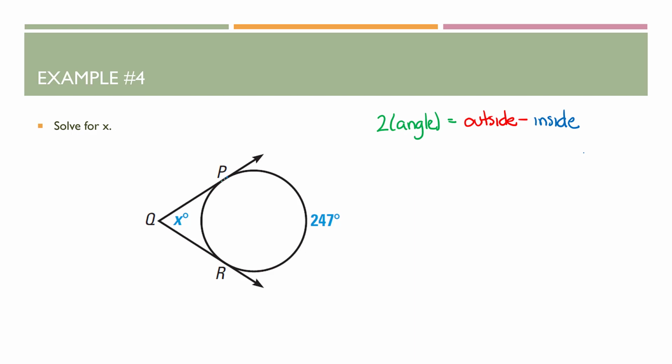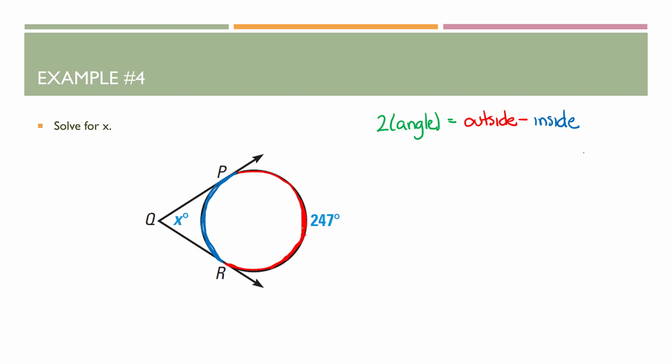So here's our inside arc, the one closest to our angle. And then here's our outside arc, the one furthest from. The only thing we know is that the outside arc is 247 degrees. However, once you've colored your inside and outside arcs, you can see that it makes the entire circle.